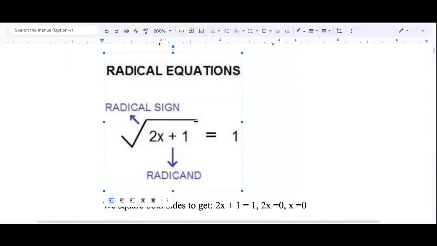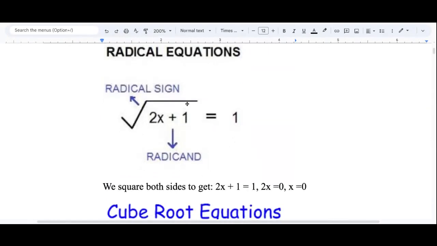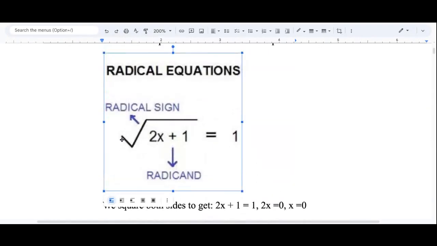We have this square root sign or radical sign, and there is no index. If there's no index, that means the index is 2, the square root. And under the radical sign is called a radicand. And this is a radical sign, of course, right?